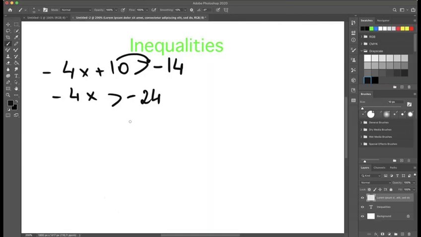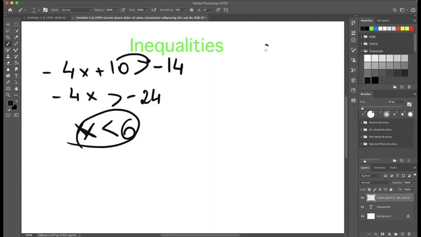Now, a special case, when you have negative x, doesn't matter that there is a 4, for example negative 4x, you have to divide all of them by negative 4, yes? So how to do this? X, then which sign will I use? Negative 24 divided by negative 4 will be just 6. But I am flipping the sign. It will be x less than 6. Why is it like this?